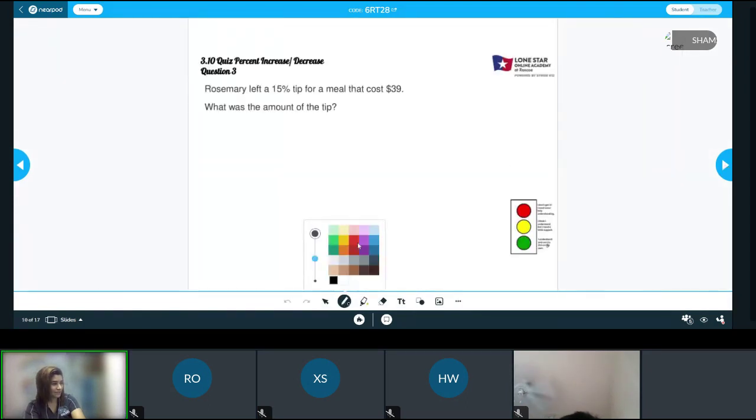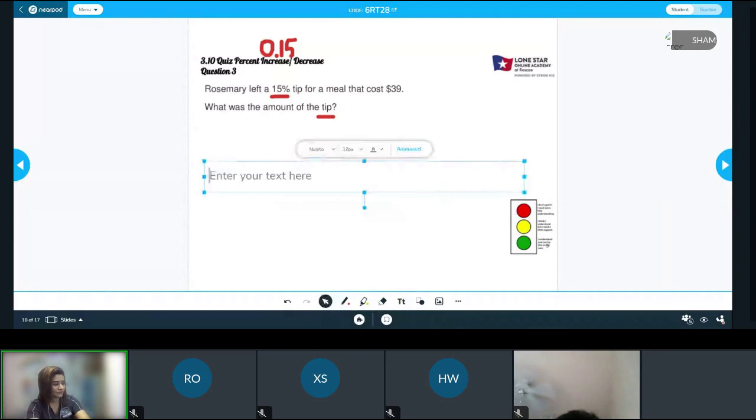Same question again. See? Tip 15%. That is 0.15. And you want to find what is the amount of tip. See? Very simple. Everybody get started and find the amount of tip. So the bill is $39.